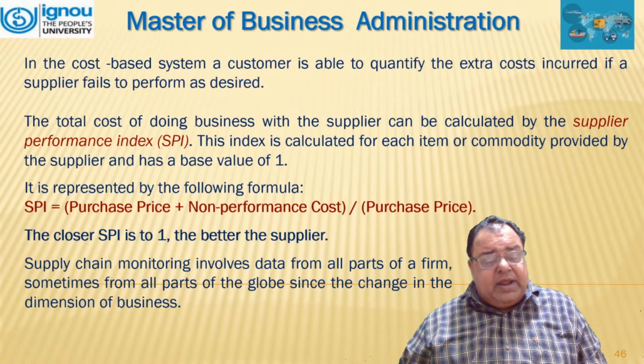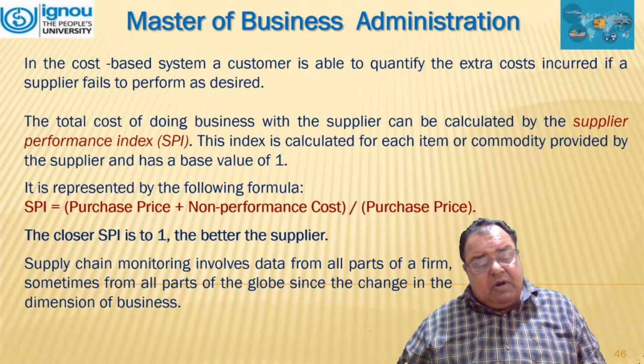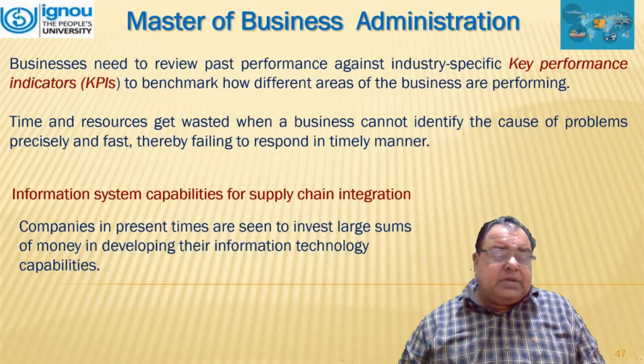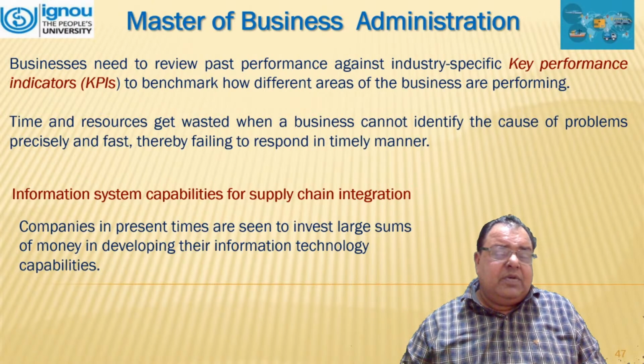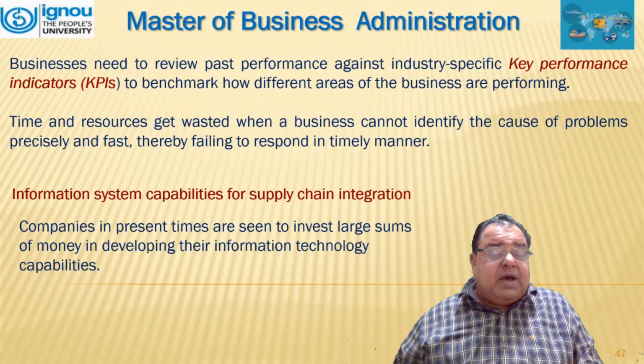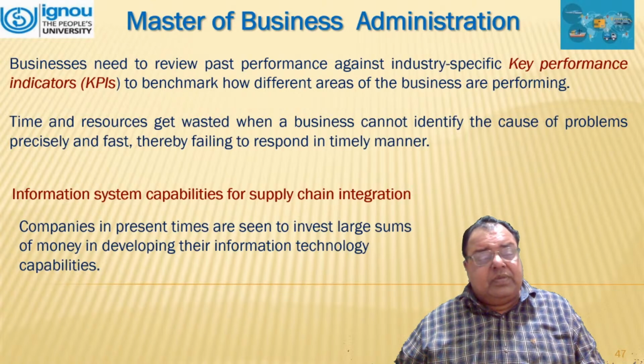Supply chain monitoring involves data from all parts of the firm, sometimes from all parts of the globe, since the dimension of business has changed. Business needs to review past performance through industry-specific key performance indicators, that is KPIs, to benchmark how different areas of the business are performing.